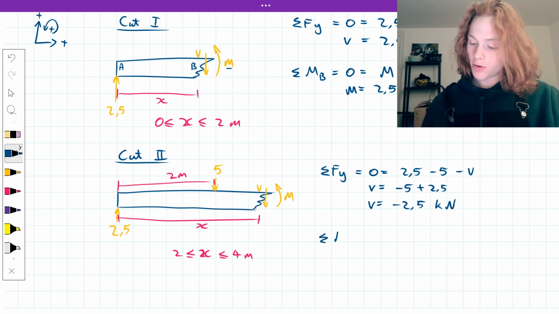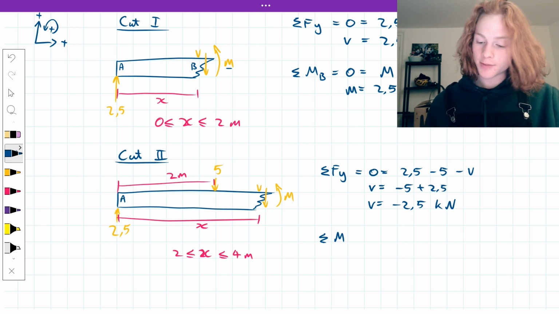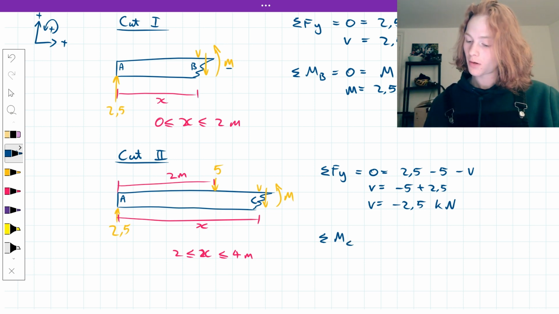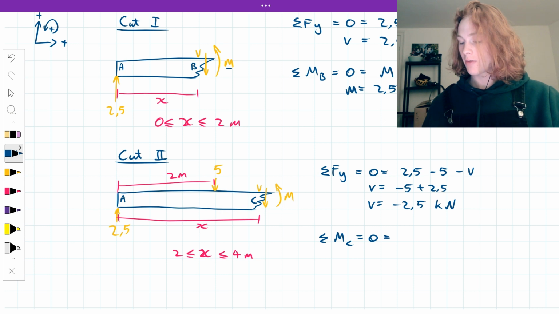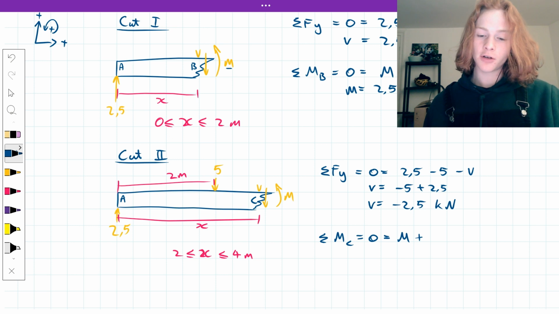Then we can resolve our moments, and this is point A. Let's call this point C this time. That equals, again, 0. Again, we have this moment M in the positive direction, plus, and then we have this 5 kilonewton force.